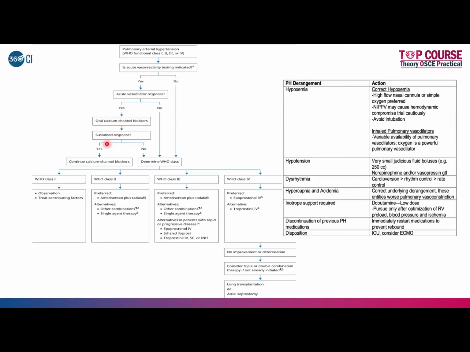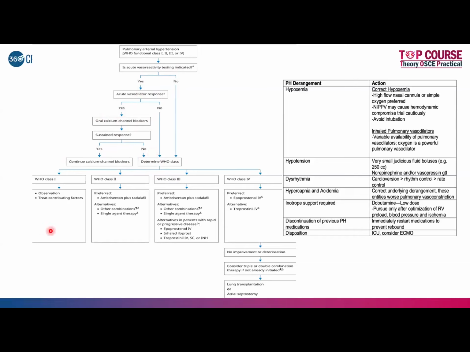If it is a sustained response, then continue with the calcium channel blockers. If no, then determine the WHO class. And if vasoreactive testing is not indicated in such patients, then directly define the WHO class, which is class 1, 2, 3, 4, nothing but the functional class 1, 2, 3, 4, which we have studied in the first slide.